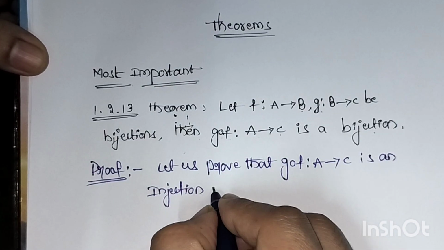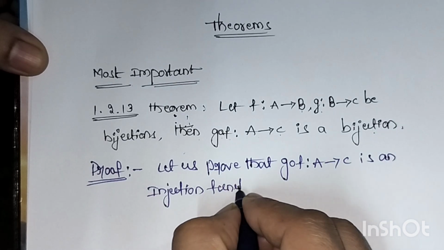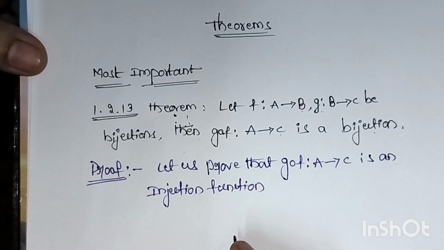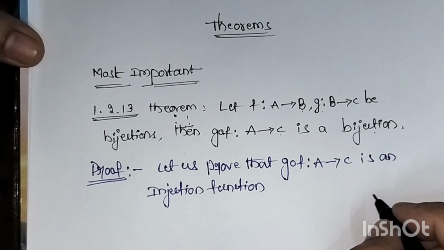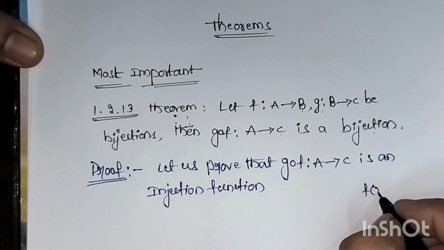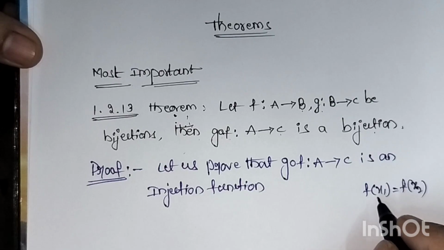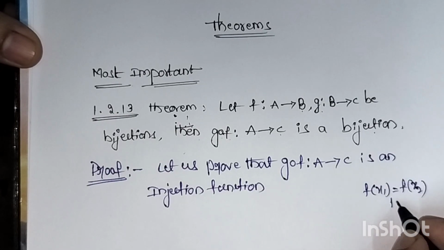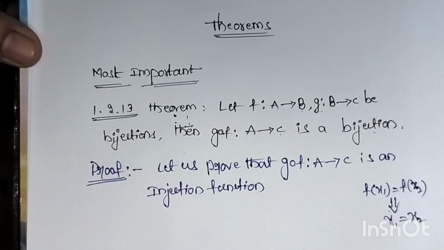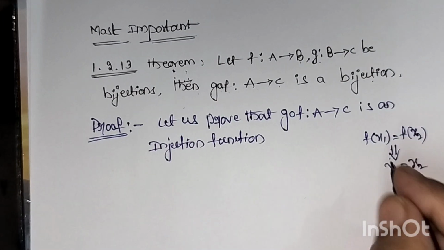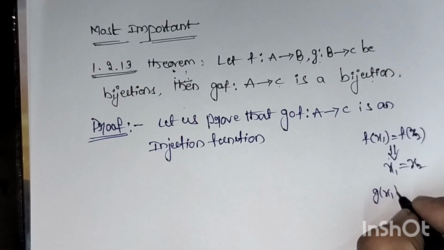Injection function means f of x1 is equal to f of x2 implies x1 is equal to x2, and g of x1 is equal to g of x2 implies x1 equals x2. This is the condition for injection.